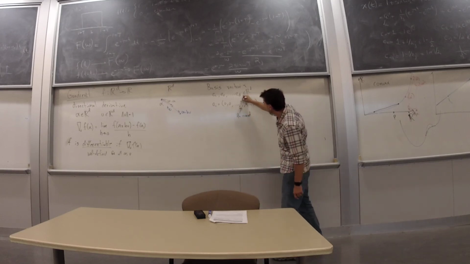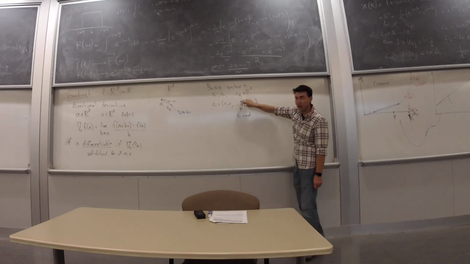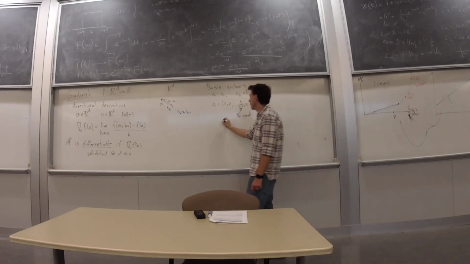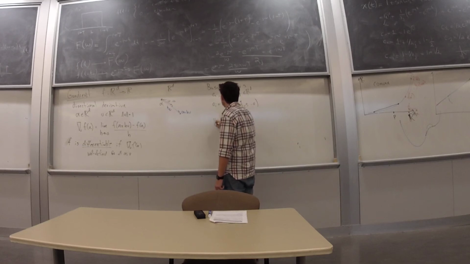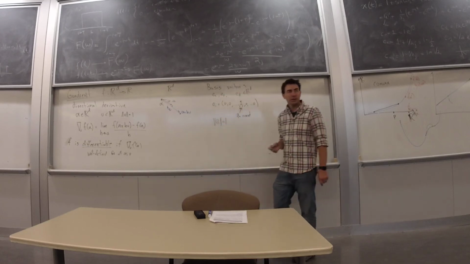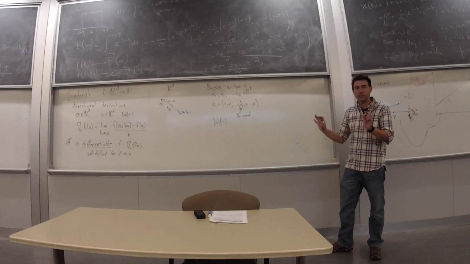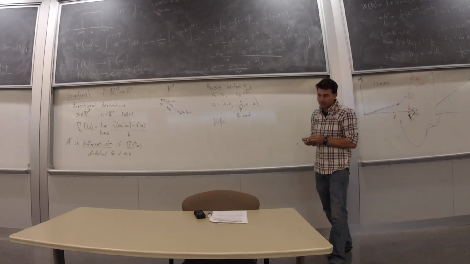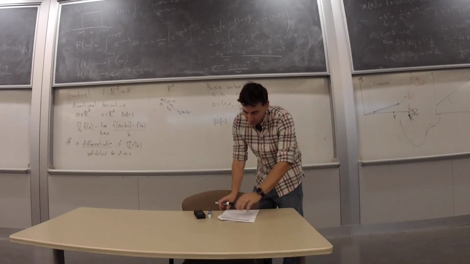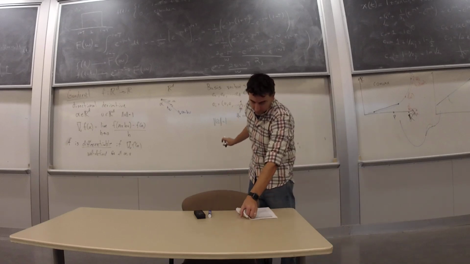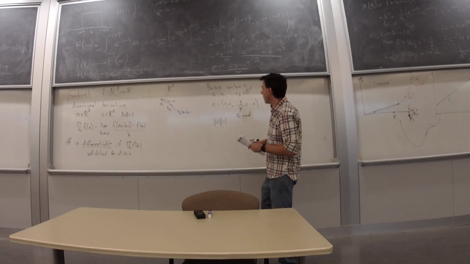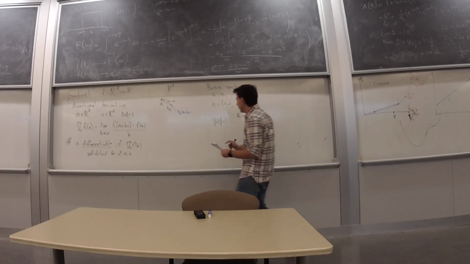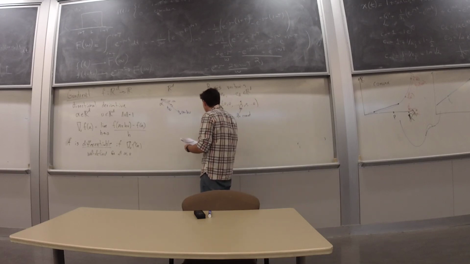So the ith coordinate is going to be 1, and everything else is 0. This is a unit vector. The norm of e_i is 1. Actually, it doesn't matter which norm I use here, but the 2-norm is 1. And it turns out I really only need to define the directional derivatives with respect to these basis vectors.